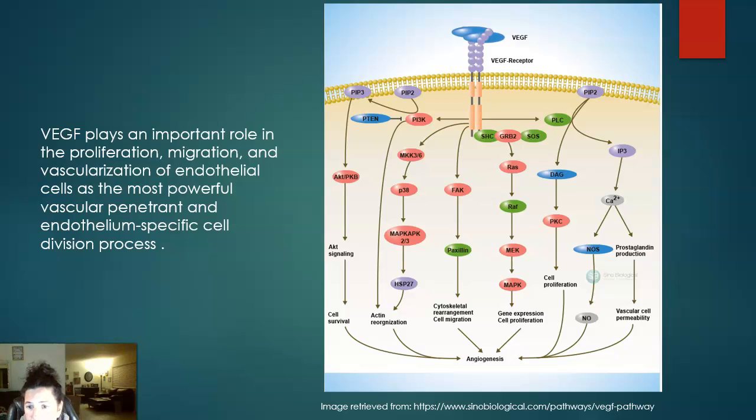My little visual here shows that dependent upon the amino acid getting phosphorylated, the protein has a different dimension or a different avenue that it's going to be taking, ultimately leading to angiogenesis.